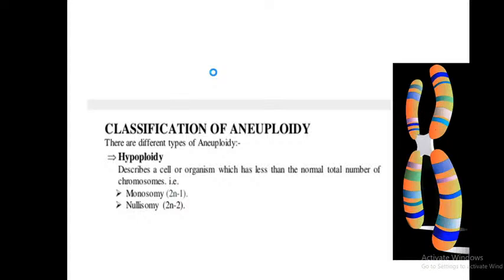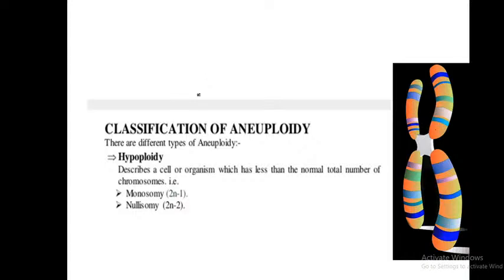So classification of aneuploidy. Aneuploidy is of two types, hypoploidy and hyperploidy. Hypoploidy means the chromosome number decreases. Hyperploidy means the chromosome number increases. In hypoploidy, 45 instead of 46, and in hyperploidy, 47 or 48 instead of 46.